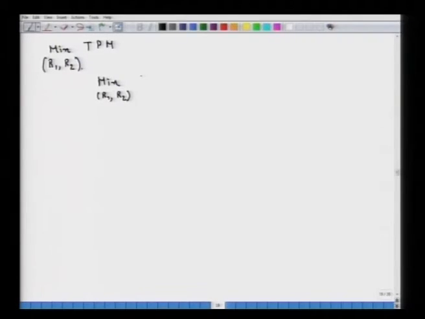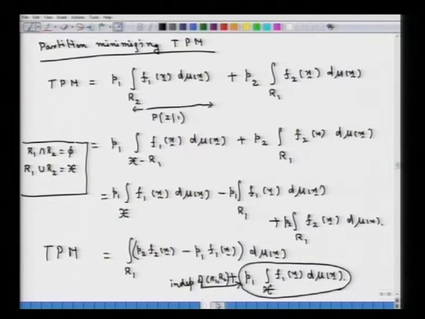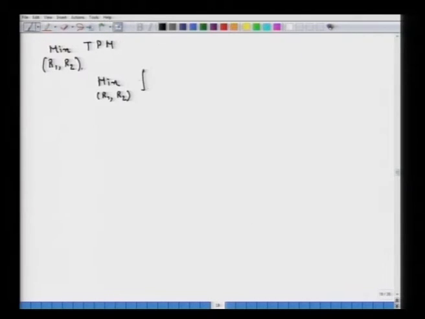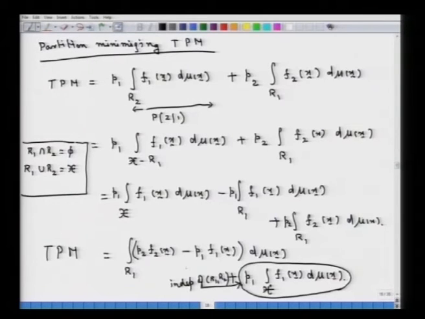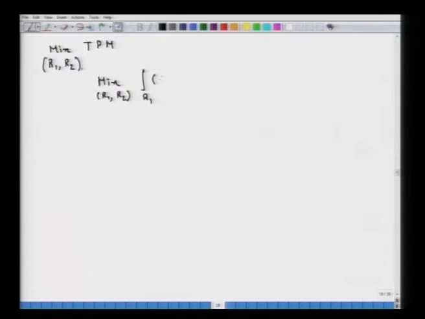So, we are looking at the minimum with respect to the partition R1, R2 of the integral over R1 of P2 f2(x) minus P1 f1(x) times d mu(x).